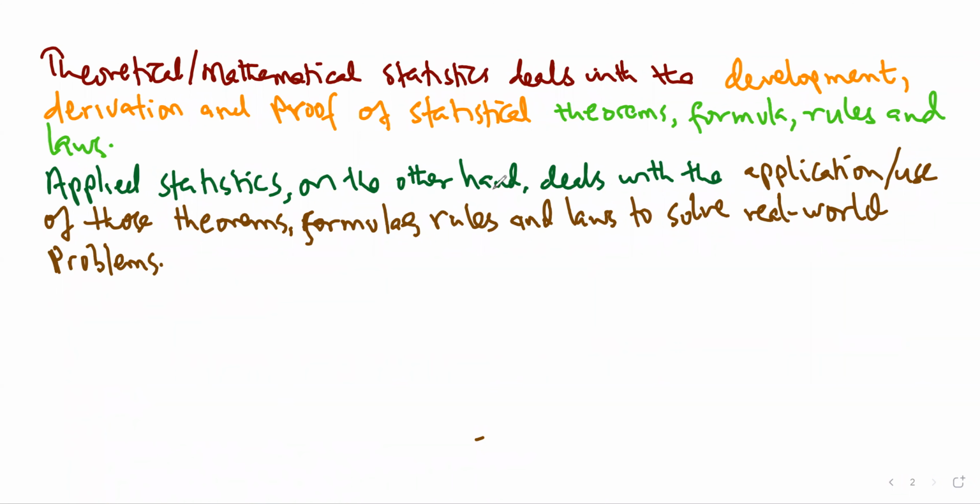Theoretical or mathematical statistics deals with the derivation, the development, and proof of theorems, formulas, laws, etc. So if you know any formula that is used in statistics or any theorem that is applicable in statistics, then those are developed, derived and proved by the mathematical statisticians. On the other hand, the applied statisticians will use those theorems, formulas, rules, etc., to solve problems in the real world.